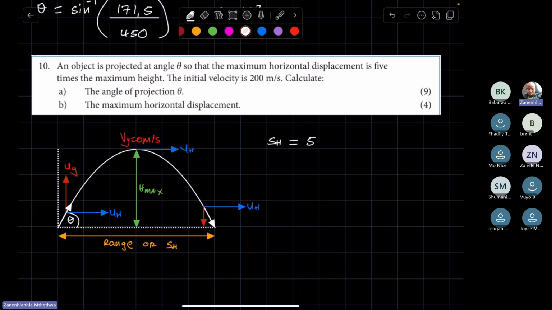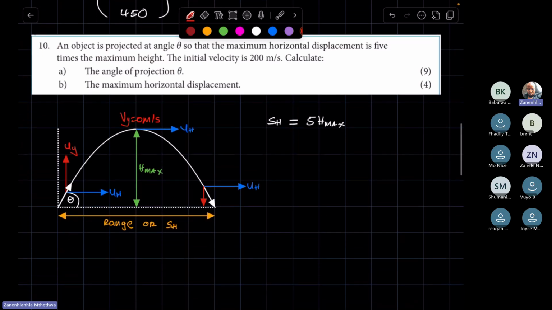So essentially the range is 5 times H max. So this is 5H max, which essentially gives us an equation. The initial velocity is 200 meters per second.